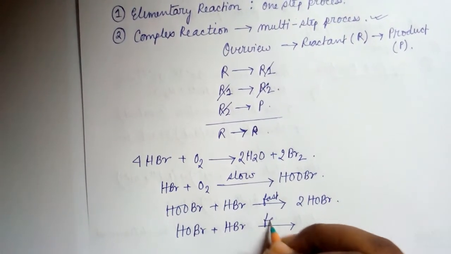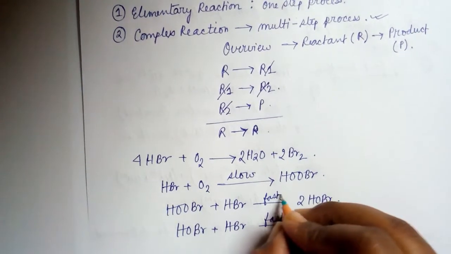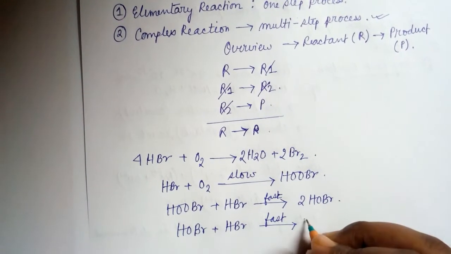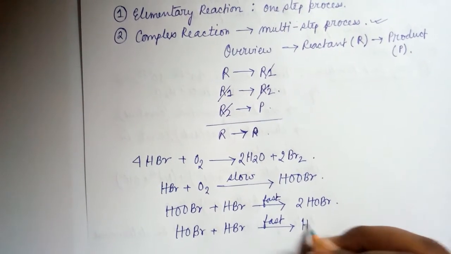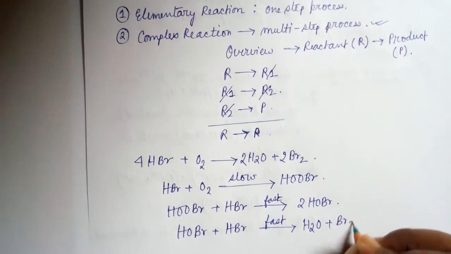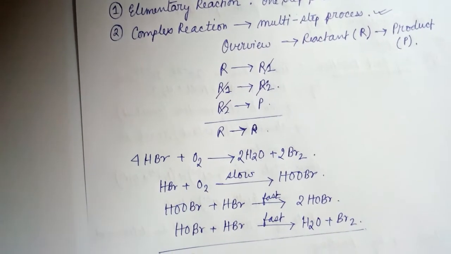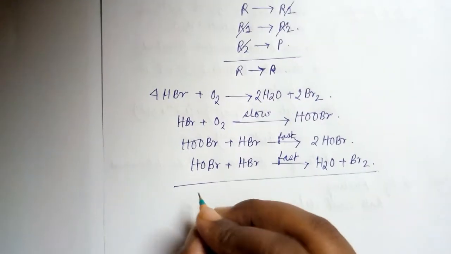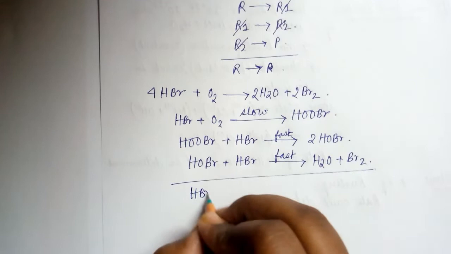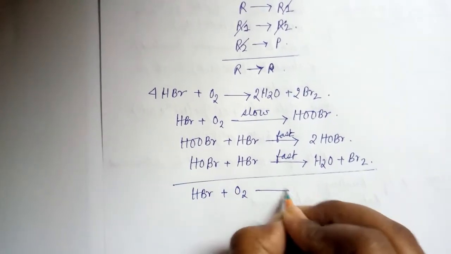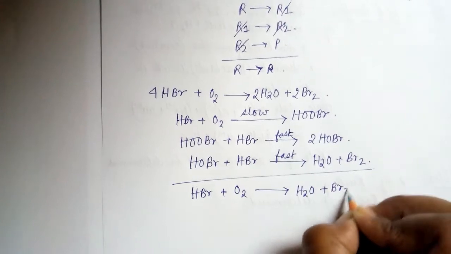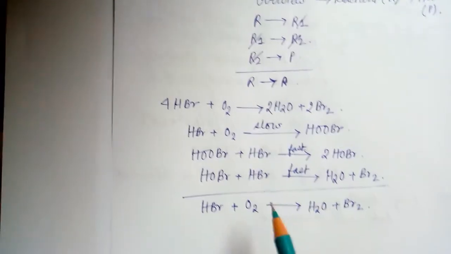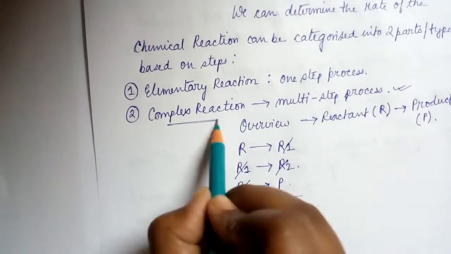This is also fast. We cannot determine the rate through the first reactions; the determining step is the slow part of the reactions, which gives the ultimate product of H2O plus Br2. Then when we sum up, it gives HBr plus O2 gives H2O plus Br2. Got it? We'll talk more about these complex, multi-step reactions.